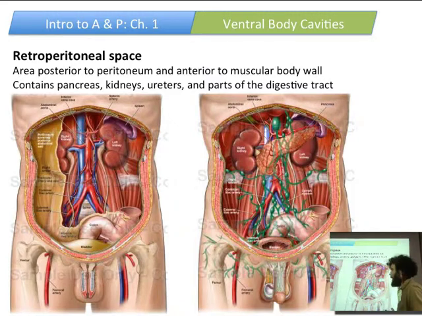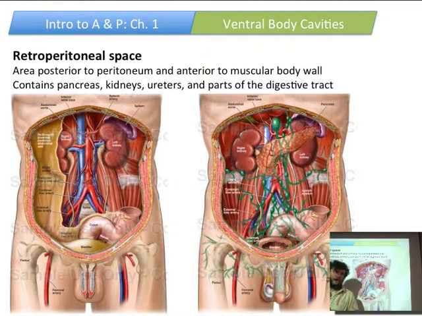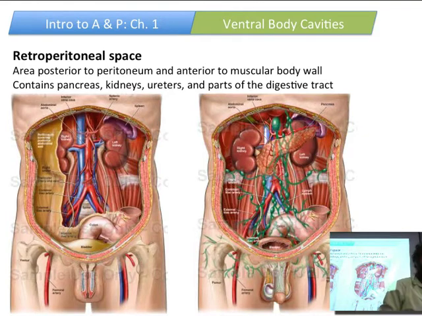And then the parietal peritoneum branches off along the back side, the posterior aspect of the abdominal compartment, and attaches to the wall and then coats the entire inside of the abdominal cavity. That is the parietal peritoneum.